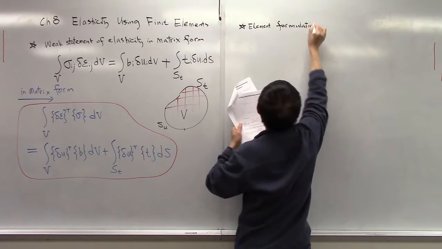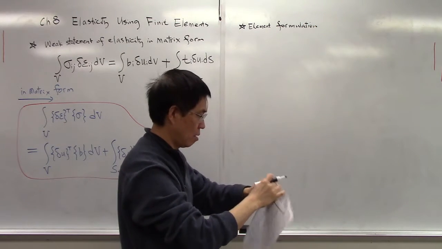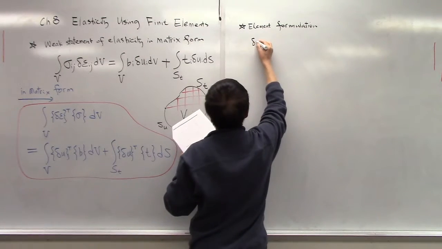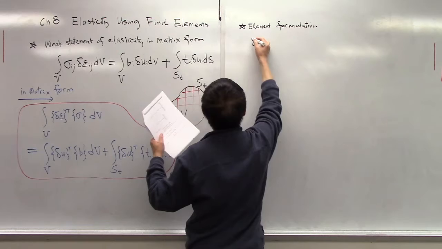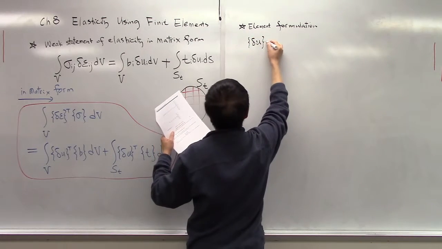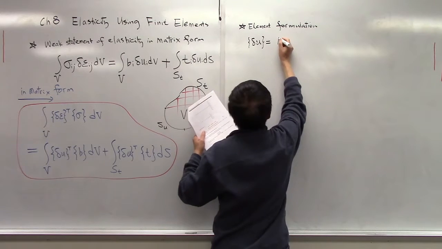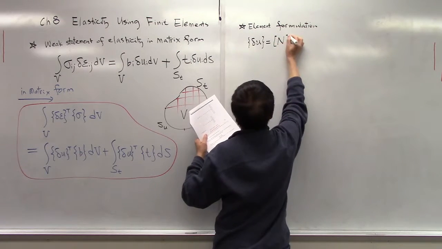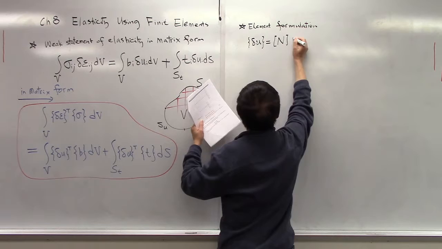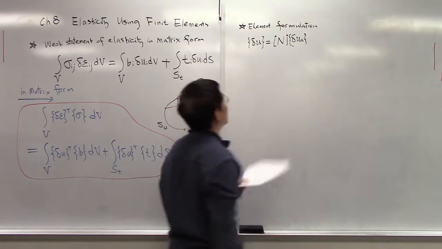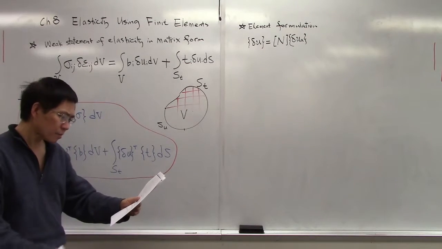Element formulation. What we first do is assume that the displacement field can be written as the shape function times the nodal displacement. Okay?